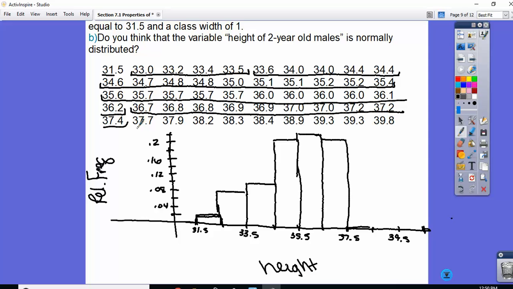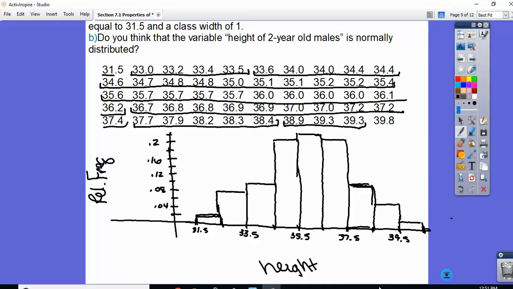Okay, 37.5 and 38.5, get 5. So 5 out of 50 was 0.1. Then 38.5 and 39.5, we get 3 out of 50, 0.06. And the last one, 1 out of 50, so 0.02.